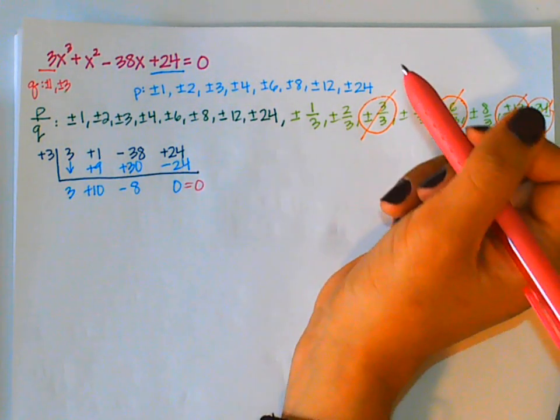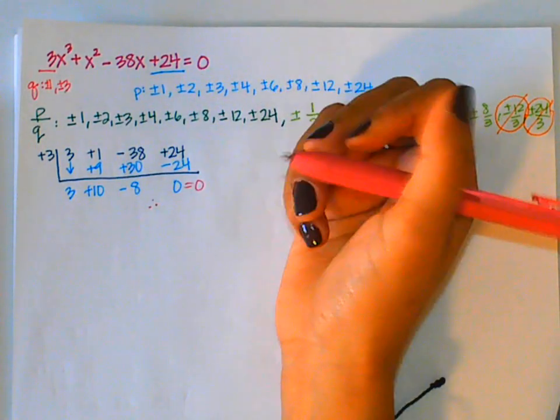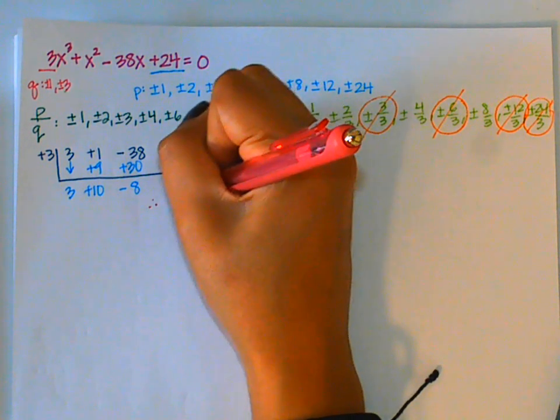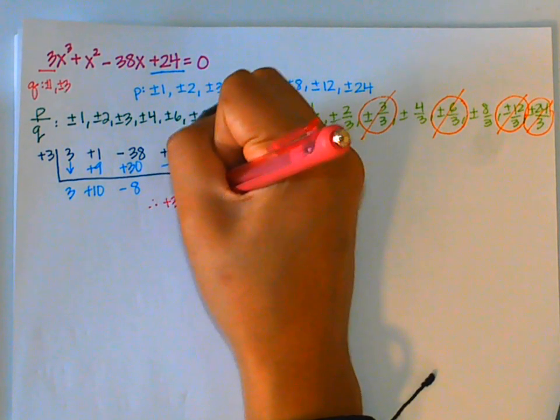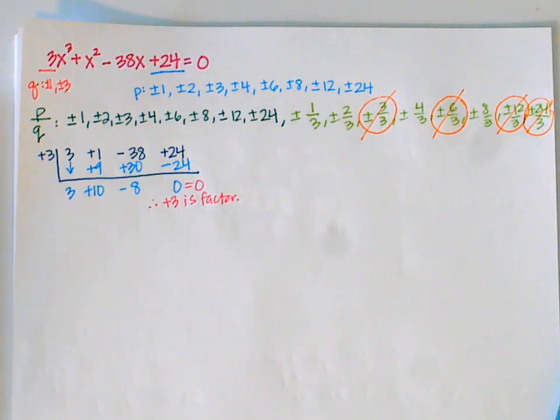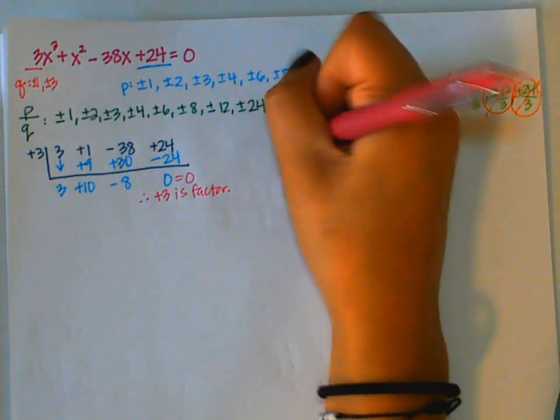I wanted to do it at least twice with you guys, but I ended up getting too lucky. Since the remainder is 0, x plus 3 is a factor. So now I can rewrite this. I'm kind of bummed it worked out so nicely on the first try.